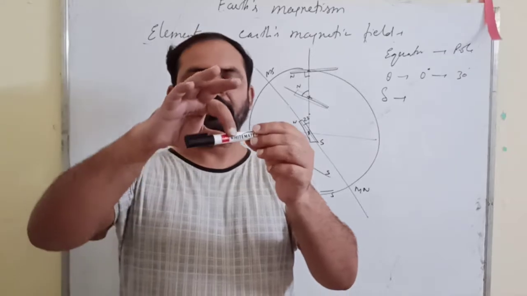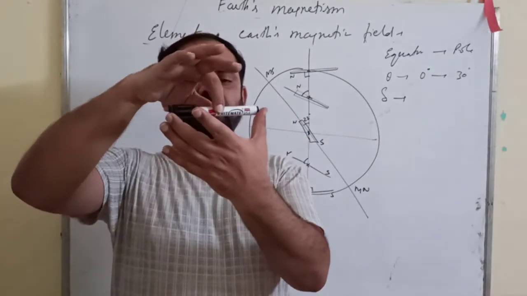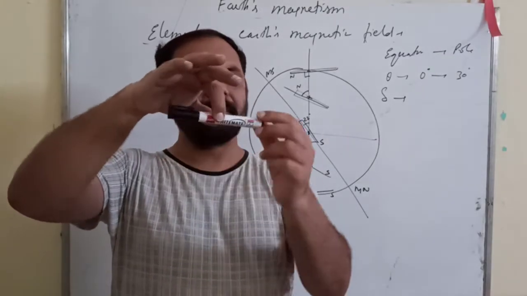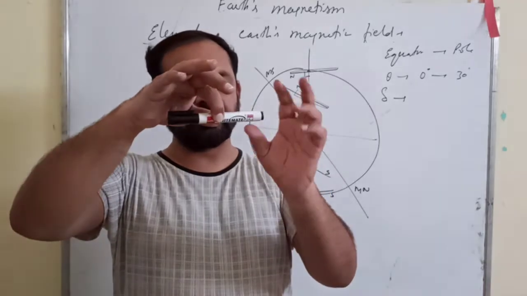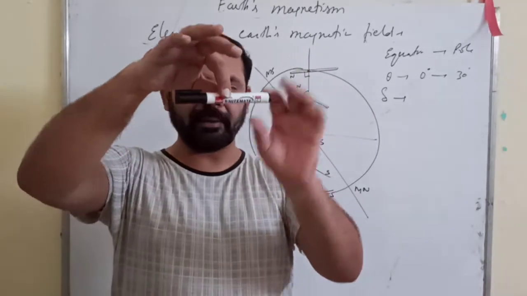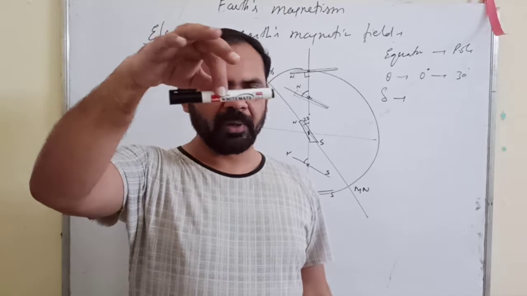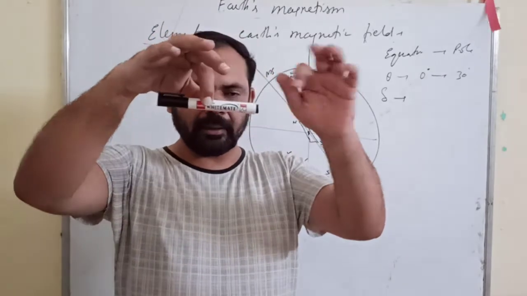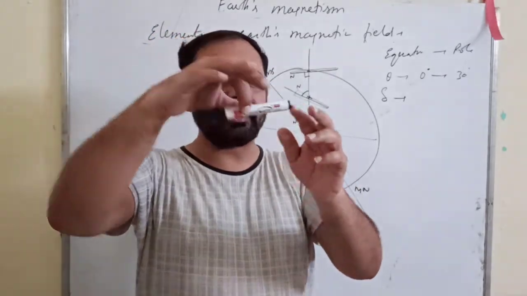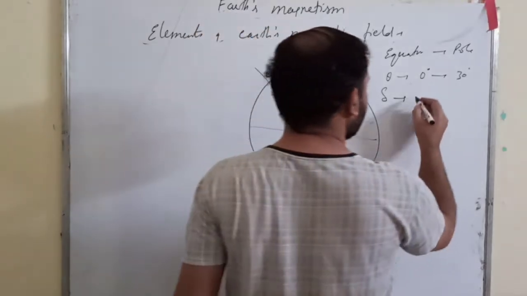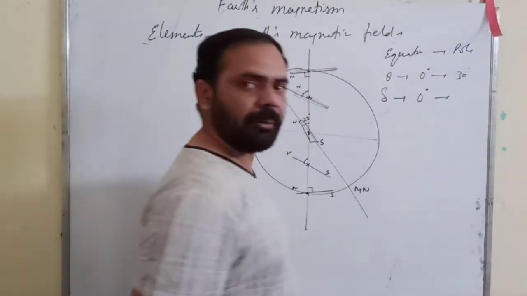So both the poles are equally attracted, so there will be no vertical tilt, no vertical angle will be subtended by the magnet, and it will be perfectly horizontal. So how much angle has it subtended vertically? It will be 0 at the equator.